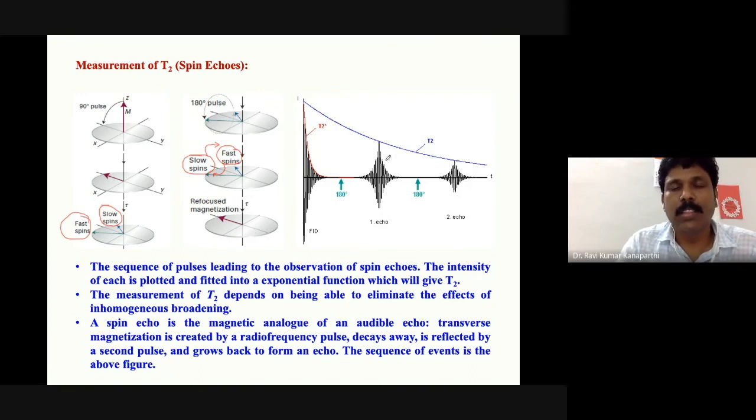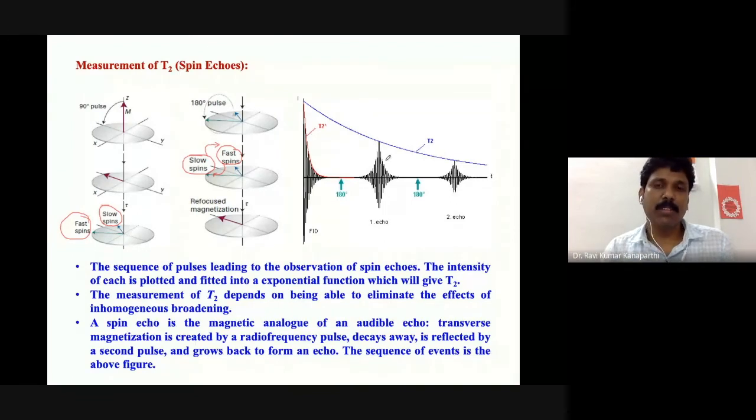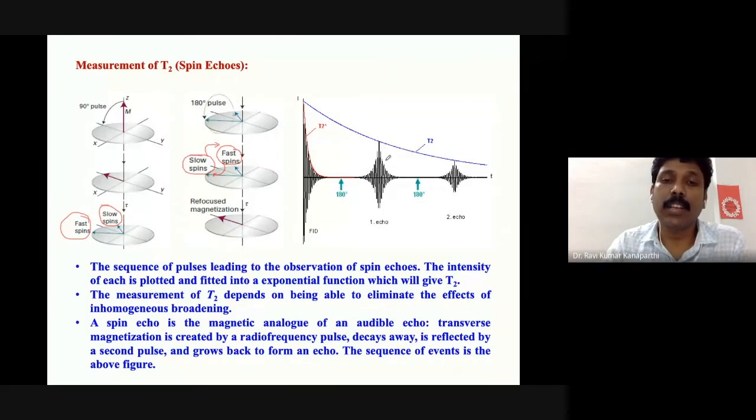Okay, so in the spin echo technique, the 90-degree pulse is applied, and after that a 180-degree pulse is applied with a delay of some time, and then later on when you leave it, we will see echoes. Okay, you can repeat this experiment and you will see different echoes.